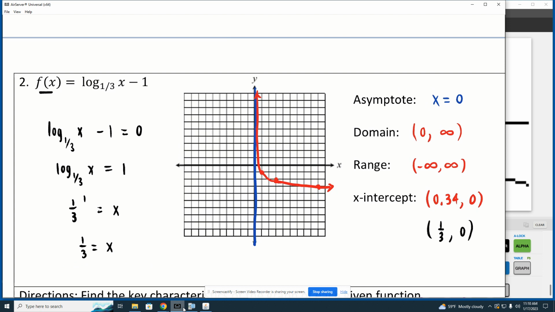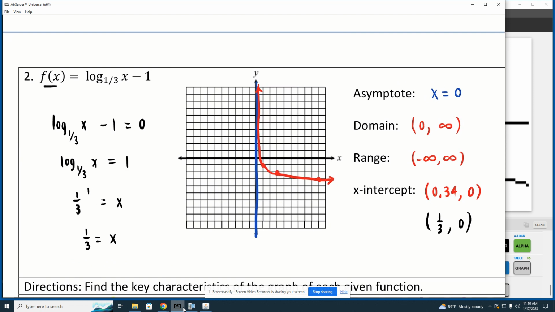We got really close. In fact, if you remember, Caden said 0.33 or 0.34. 0.33 is exactly it. Okay? The point is this. If you don't have a graphing calculator, you can still find those x-intercepts. Just set it equal to 0 and solve.